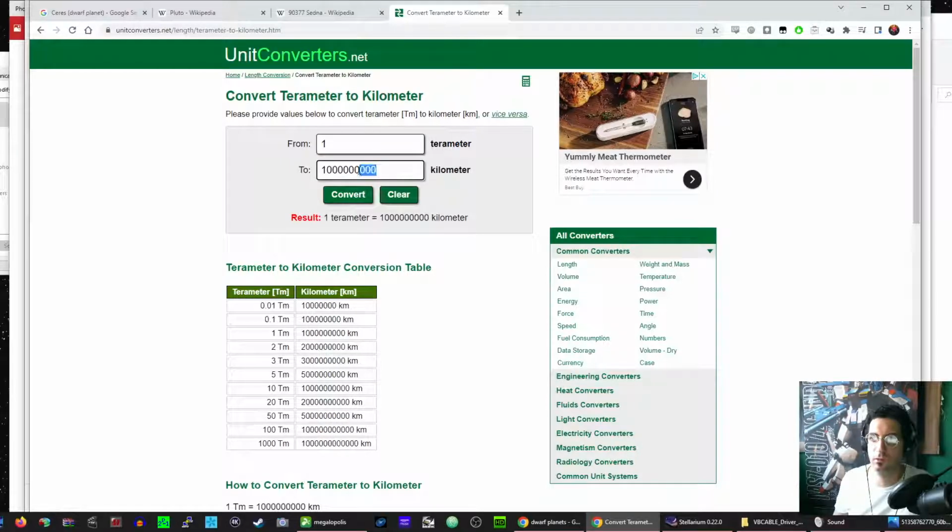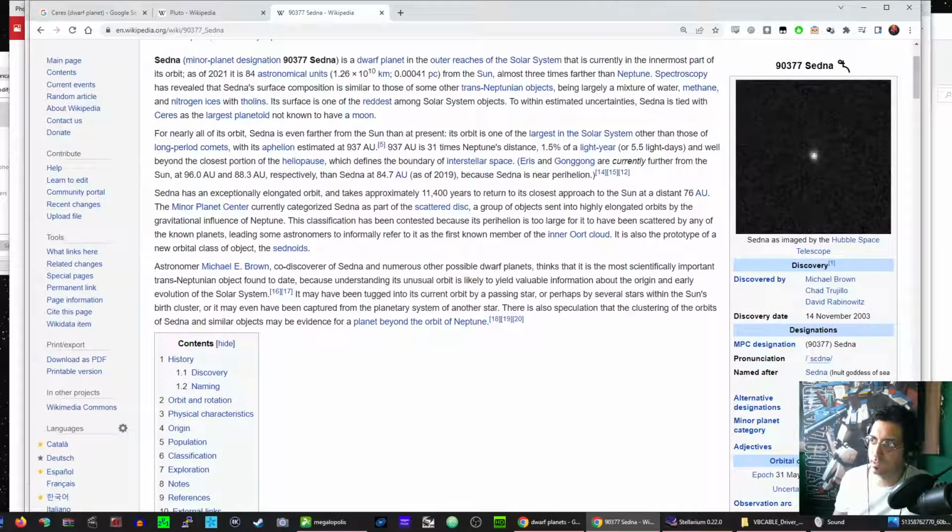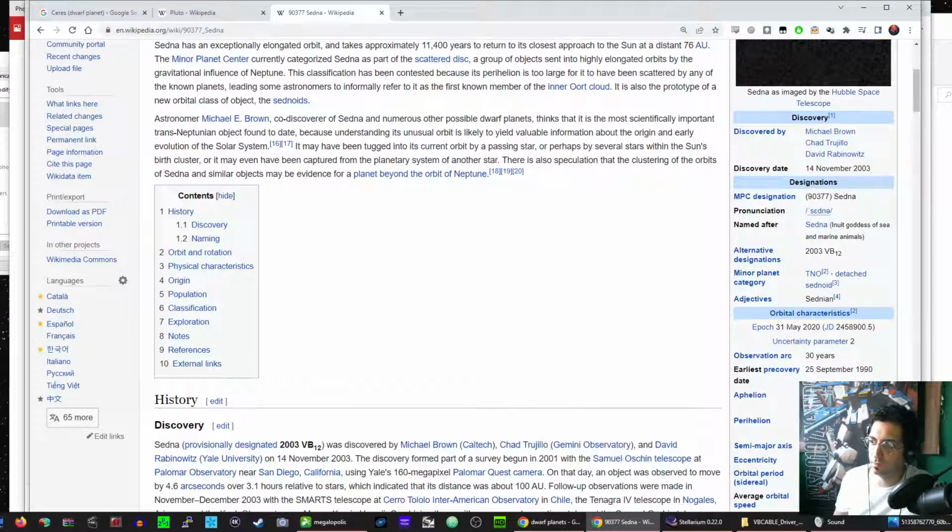Okay, good. So that's one set of zeros. That'll be 100,000, 100 million, 1 billion kilometers. Great. So Sedna is 11 billion kilometers to 140 million billion. Wait.